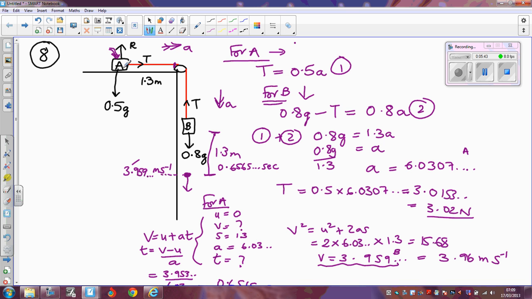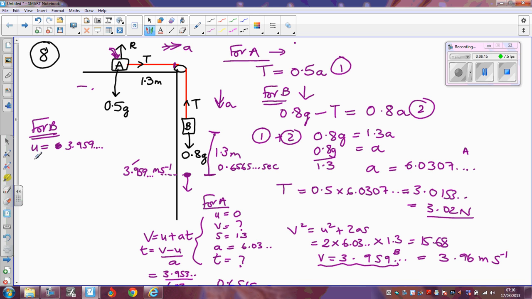It takes B 1.2 seconds to reach the floor from the time that A is released. So the time it takes B to go from here, after it's already dropped 1.3 metres, must be the 1.21 seconds subtract this. So now we're looking at B after the string has broken. The speed at which B is travelling is 3.959 metres per second.